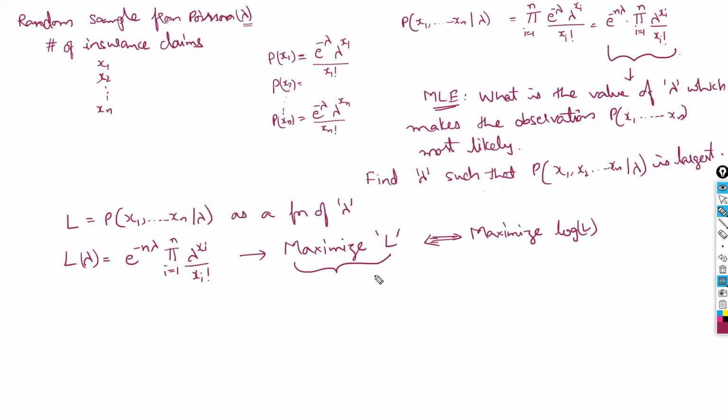This is because log L is an increasing function of L. That means wherever you have maximum L value, log L also will be maximum, because log L is an increasing function of L. So if you maximize L, you get the maximum value. If you maximize log of L also, you will get the maximum value.